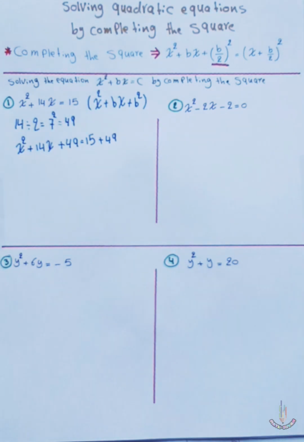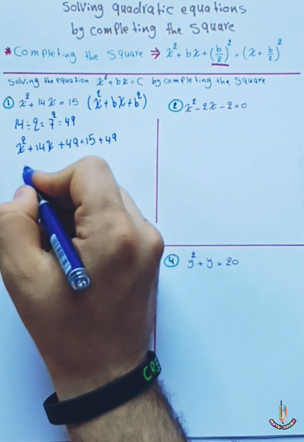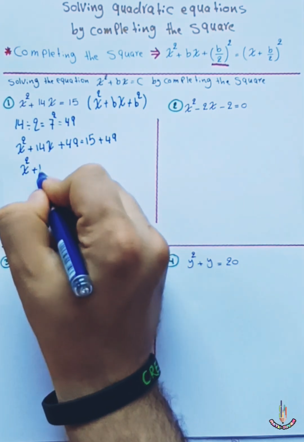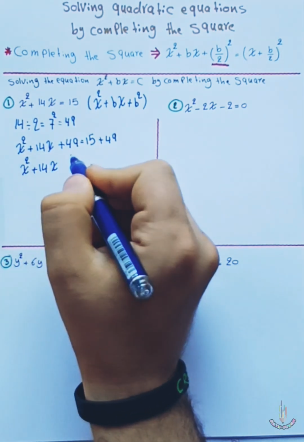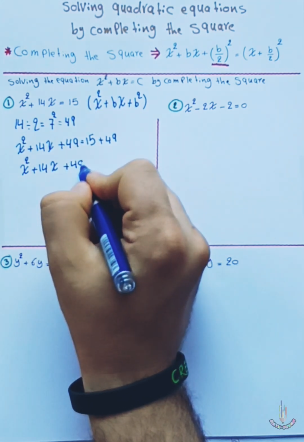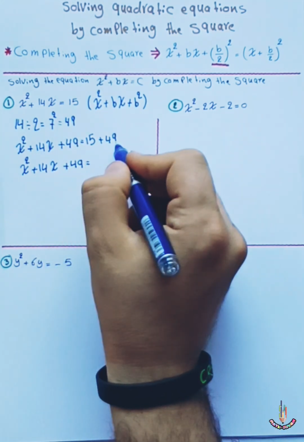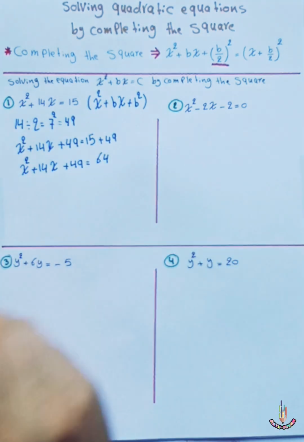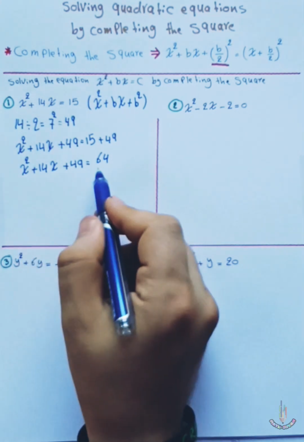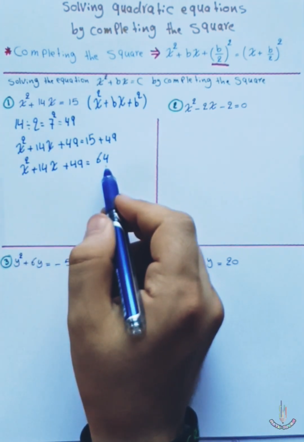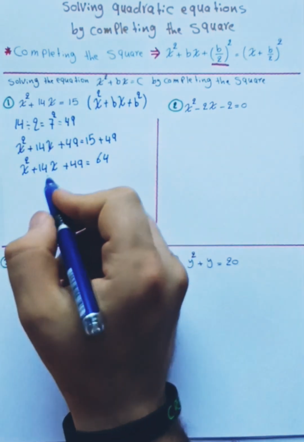And then we can simplify: x squared plus 14x plus 49 equals 15 plus 49, which equals 64. Now this expression is a perfect square, so we can use the rule for perfect squares.